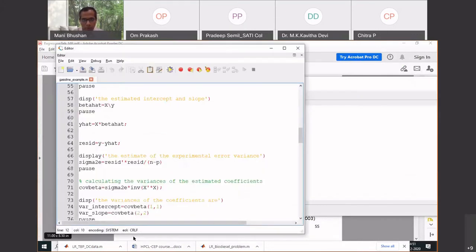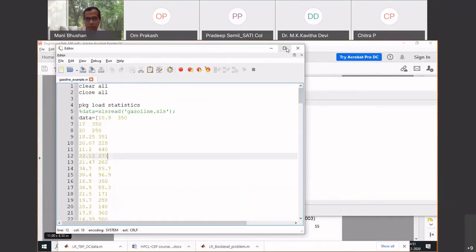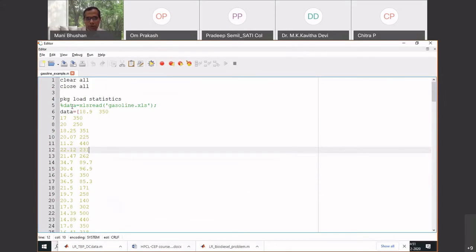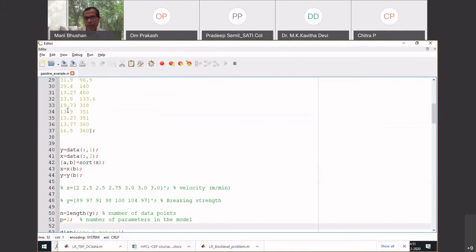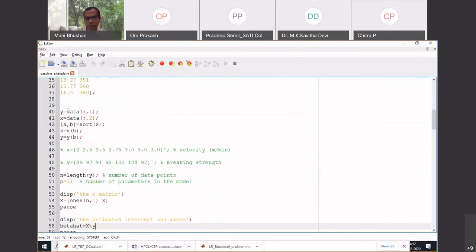Let me go to my Octave window where I have the corresponding code. You should be able to see my Octave window. I have this data over here. The first column is Y and the second column is the engine displacement X. I am going to fit a regression model, the same thing as what Om Prakash did.